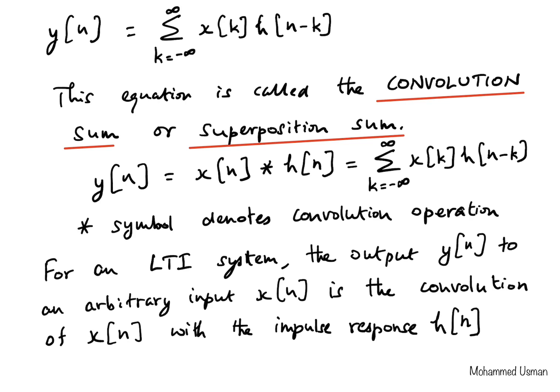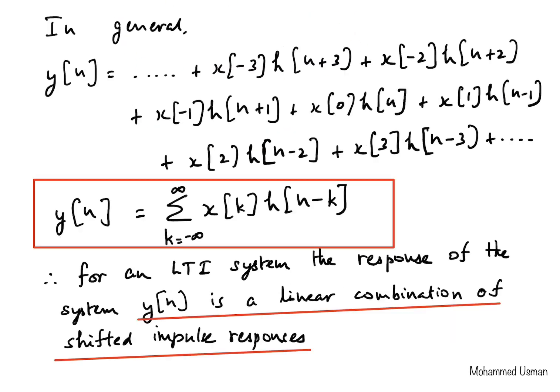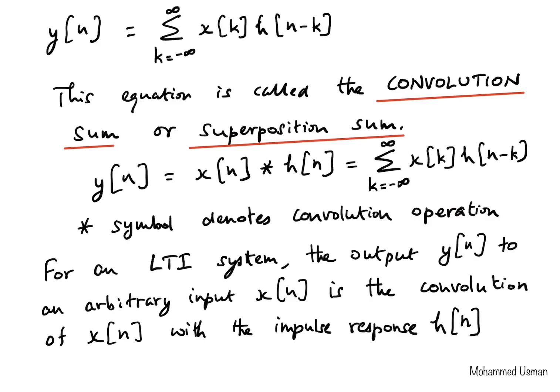So basically, we are able to represent our input signal x of n as a linear combination of delta functions, in which case the output of the system can also be represented in terms of the impulse responses or shifted impulse responses, right? So that is what it means, and the relationship that we get is this expression which we derived from this particular summation here, which was very straightforward to arrive at.